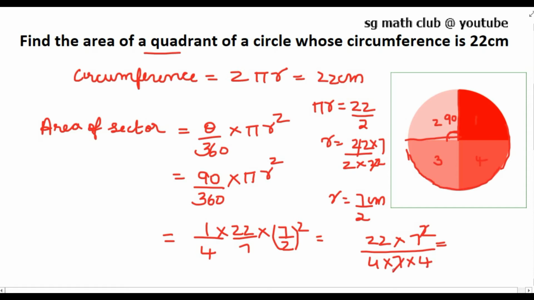So one 7 gets cancelled, and this also you can cancel, 2 and 11 and 2. Again 11 into 7 is 77 divided by 8 centimeter square. 77 by 8 centimeter square.